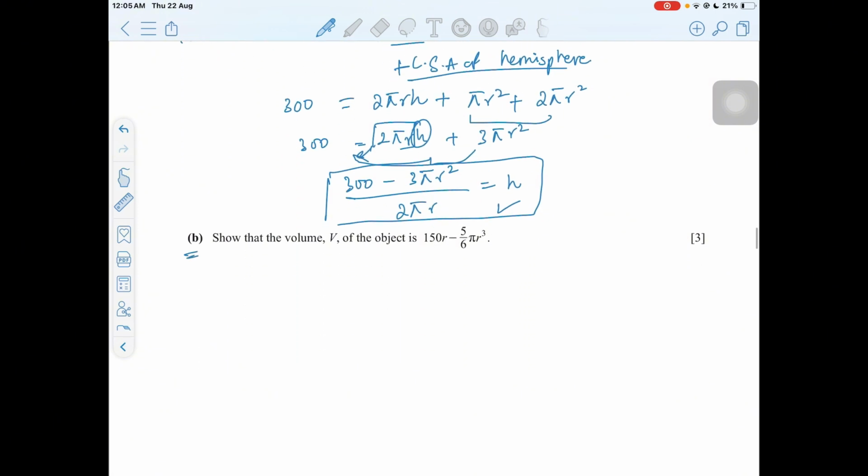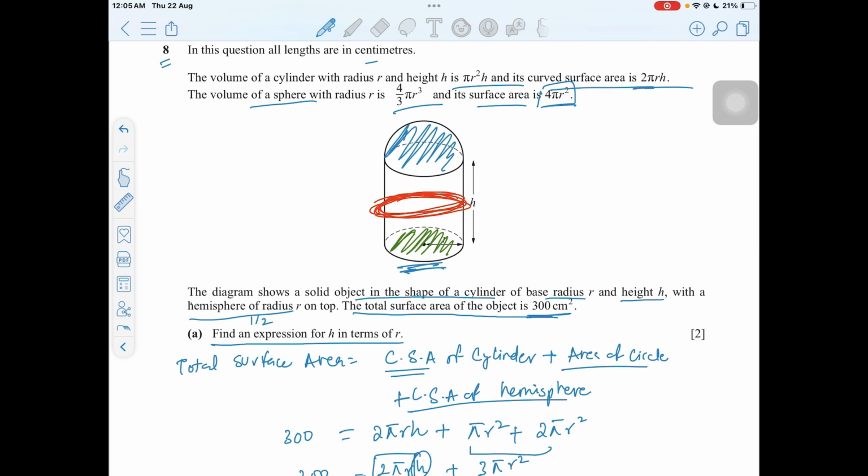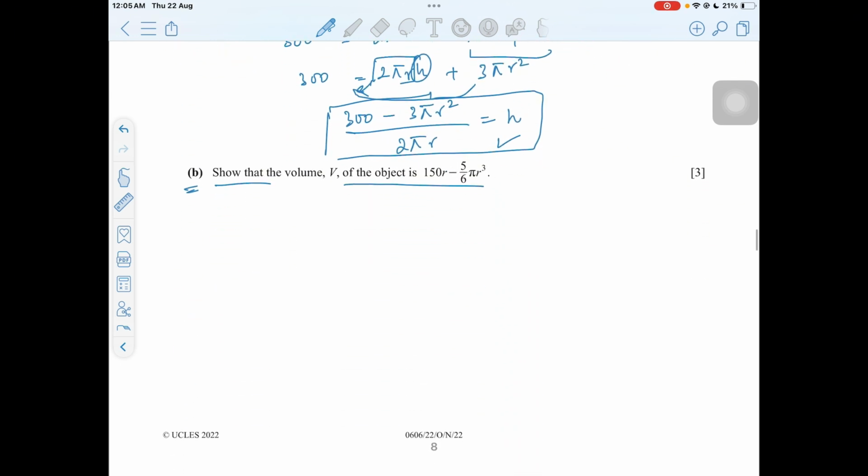Now moving on, we have to show that the volume of the object is this. We need to calculate the volume of the object. Volume would be this hemisphere. This is a sphere, so this would be halved, and the total volume is basically this plus that of the cylinder, right? So let's move on with the total volume.